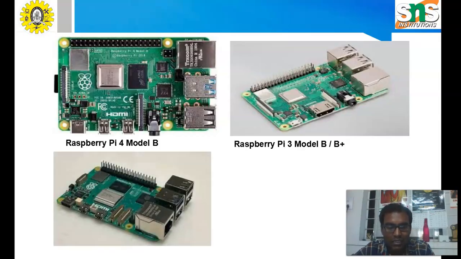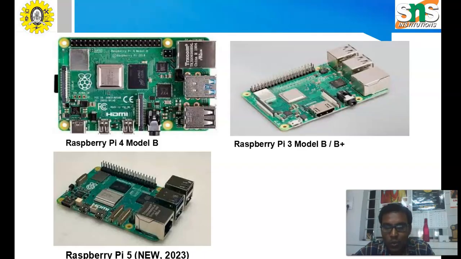Next, the third type is the Raspberry Pi 5. It is the latest model which is incorporated in different types of IoT devices. The quad-core Cortex used here is the A76 CPU at 2.4 GHz. The RAM ranges from 4 GB to 8 GB based upon the different types of applications.